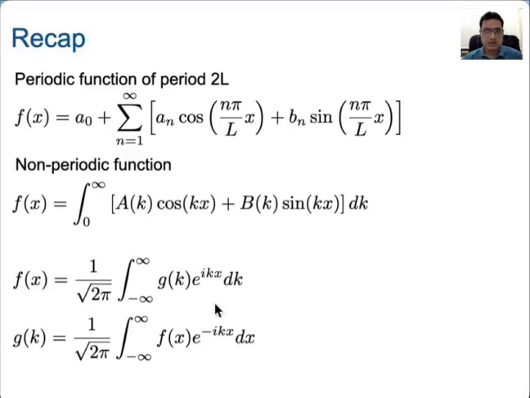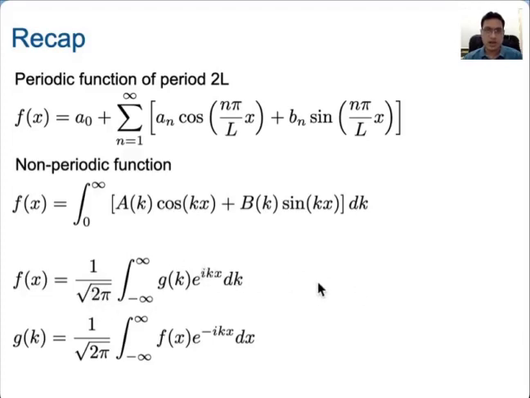This integral is known as a Fourier transform, or you could invert this relation. So g of k is the integral of f of x times e to the power minus ikx dx, and 1 over square root of 2 pi is the normalization constant.